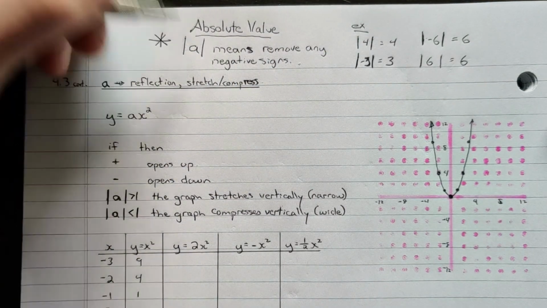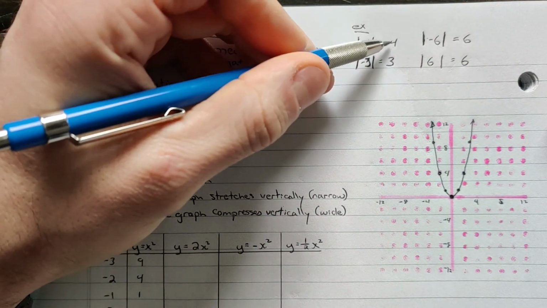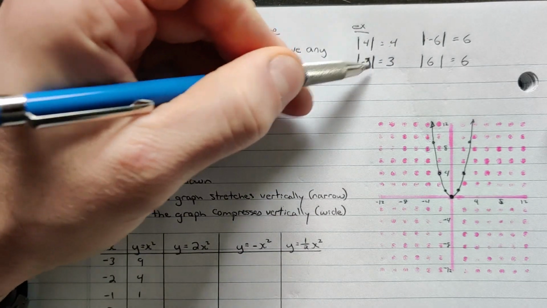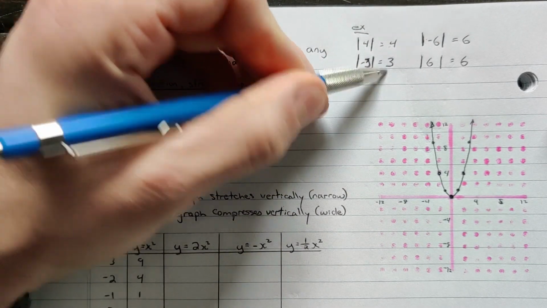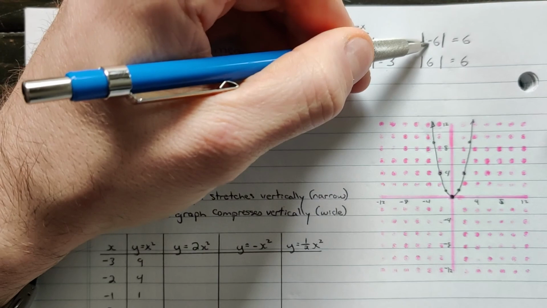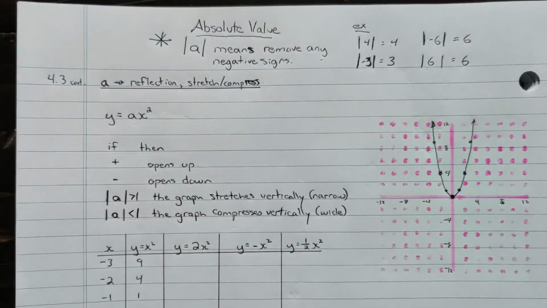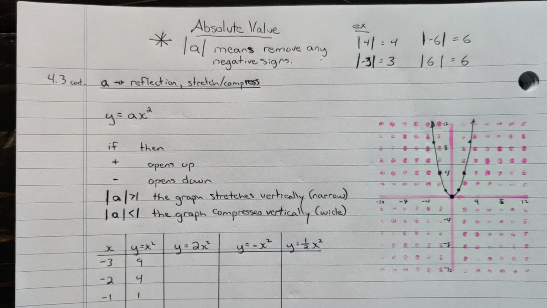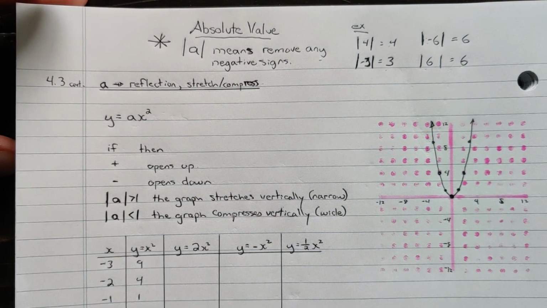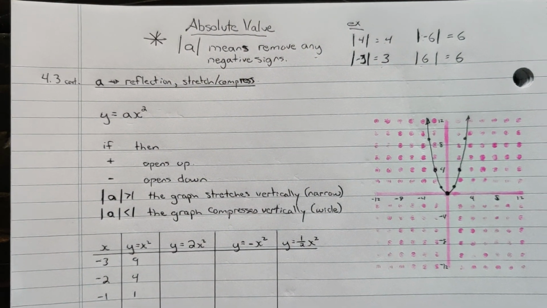Absolute value of 4 is 4. The absolute value of negative 3 is positive 3. The absolute value of negative 6 is 6. The absolute value of positive 6 is 6. So you just basically get rid of the negative sign. It'll just make it easier for writing some of the stuff with a.